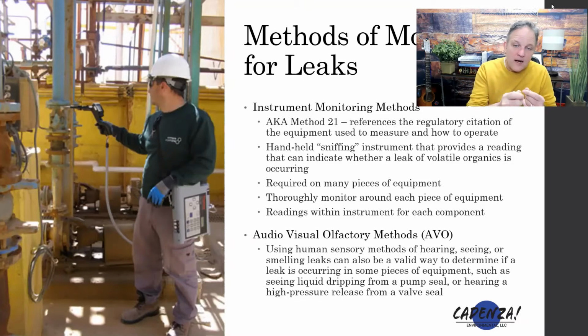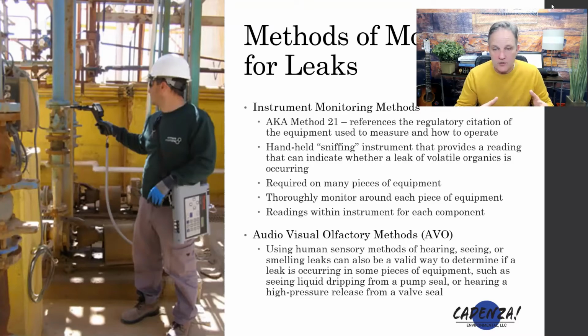You've got to go around the whole piece of equipment. It can take anywhere from a minute or so on each component, or maybe only a few seconds, to a few minutes if it's a large piece of equipment with many different places that it could leak. You're required to look at each one of those and sniff all around those areas. This instrument also records the levels at which it's measured.